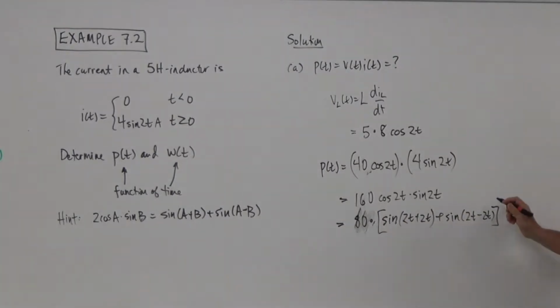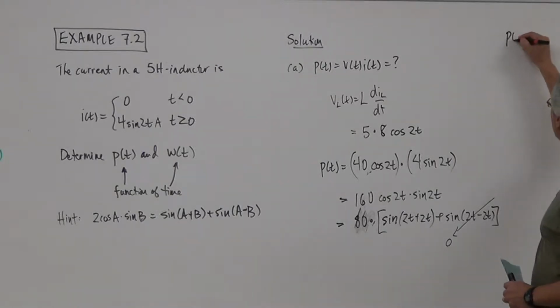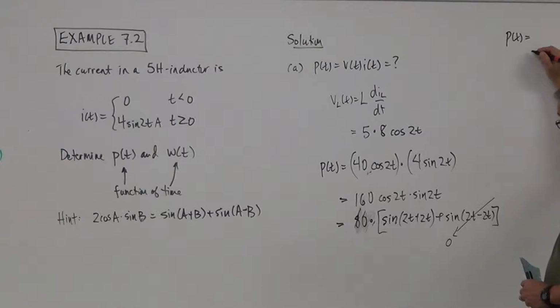And then you can see that this term immediately goes to 0 because I have the sine of 0. Why am I doing this? You're going to have trig identities that you have to do on the problem set. So then that means that the power as a function is going to be 80 sine of 4t.